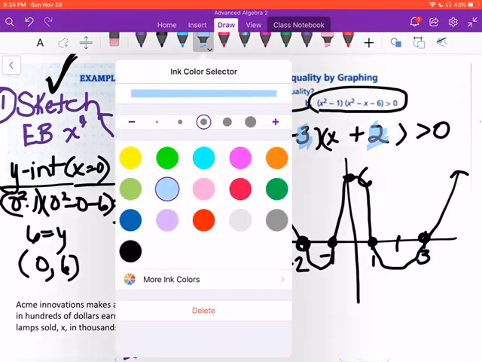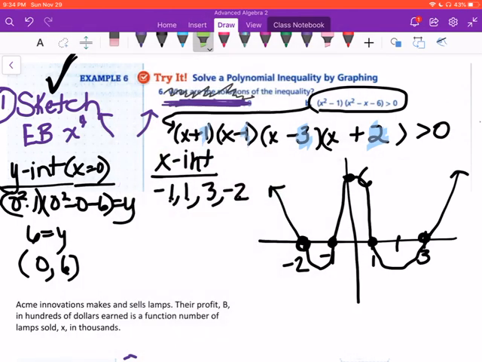Well, let's get a different highlighter so I can show you what I'm talking about. Okay, so the question asks, when is the inequality greater than 0? Another way to say greater than 0 is positive. So this is asking me, when is this graph positive? Graph is positive when it's above the x-axis. So right here, and right here.